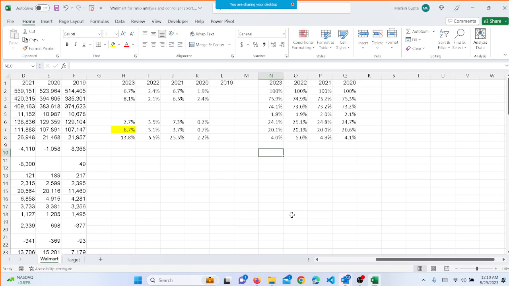So you can communicate that story, that Walmart's profitability is not good. But if you want to show that, even though we have dropped, we are still the heroes, you can compare against Target and show that Target has dropped their profitability by 5%, meaning they were not able to control it because of the market situations, and Walmart was able to retain their profitability at a decent level, losing only 1 percentage point.